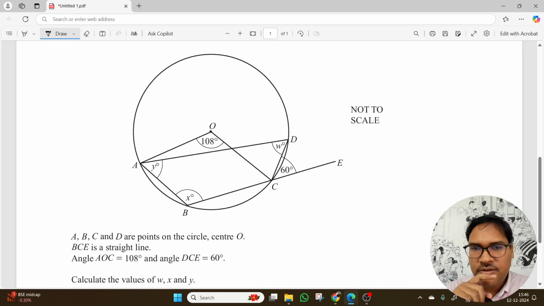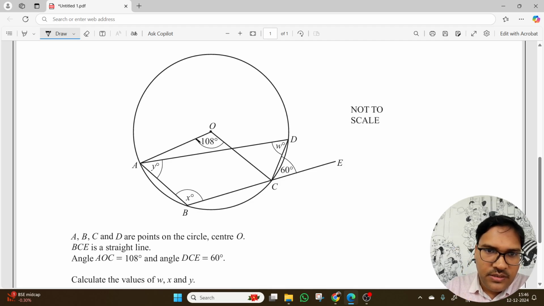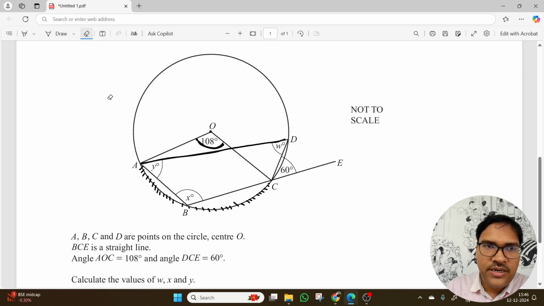Now again, let's observe the angles here. This is angle 108 degrees, which is the angle subtended at the center by the arc AC. The same arc is subtending angle W at the circumference.